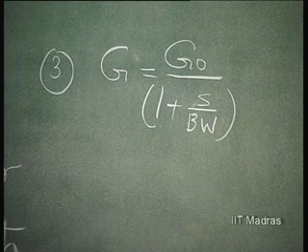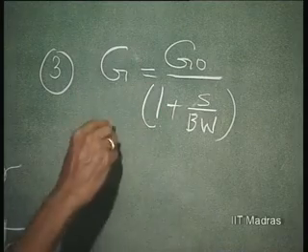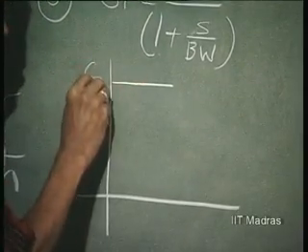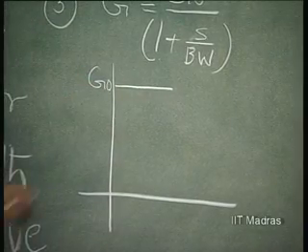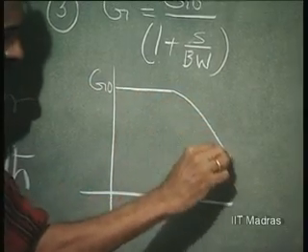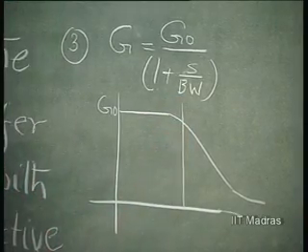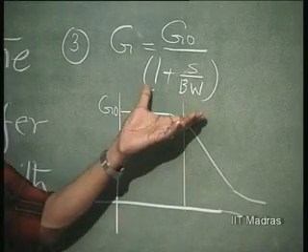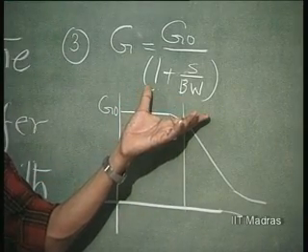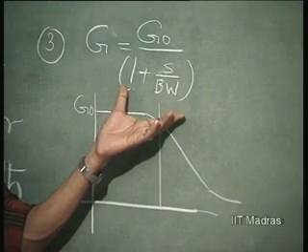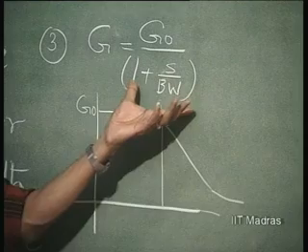So, this is saying that the gain function is going to have the gain constant at low frequency, but as frequency increases it will be falling at let us say a rate of 20 decibels per decade, and that is a single pole system.